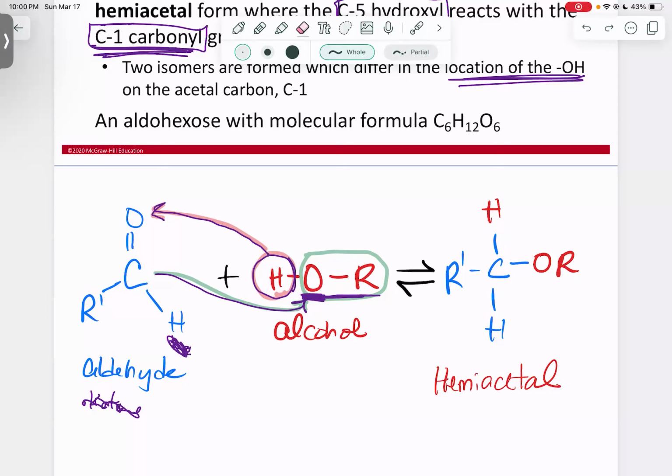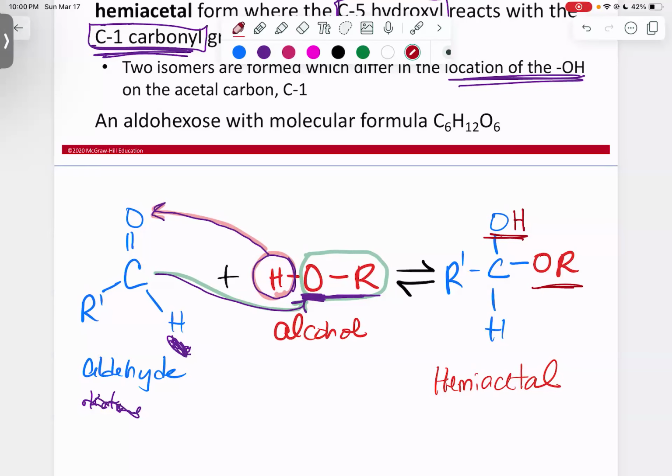And so once that happens, and I totally did that wrong, that's supposed to be an oxygen there. I think it's a different color blue. Okay, an oxygen there, and then we're going to pick up that hydrogen right there. And so now we have a hemiacetal where we have an OR and an OH group.